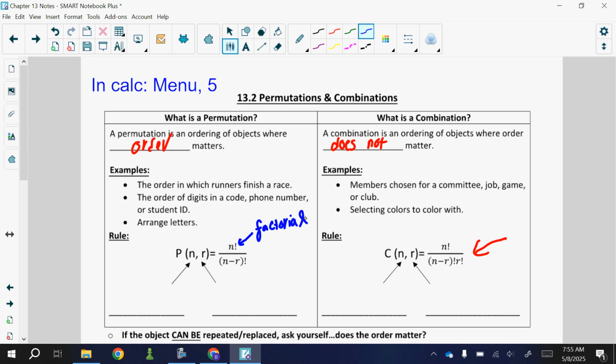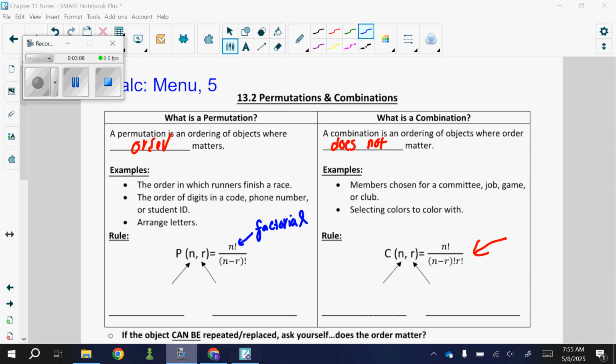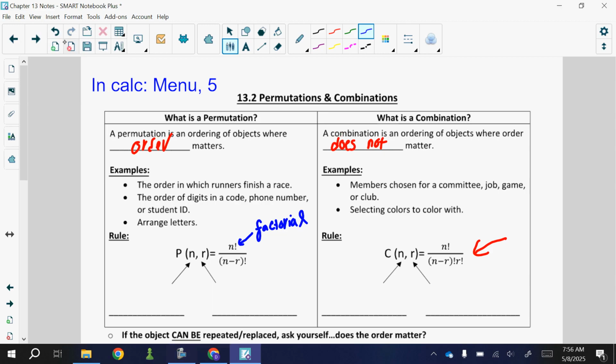Factorials are also operations. So we have n and r. n on both of these represents the total number of things in your list or set, and r is the selected amount, the amount you're focusing on. And that's going to be the same on both.